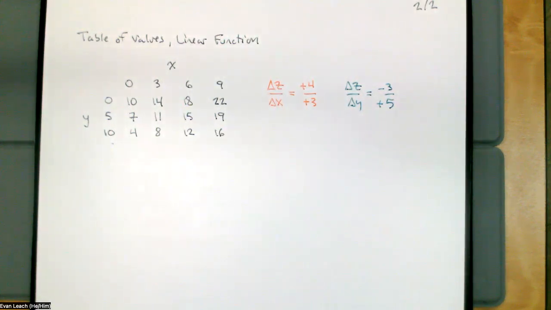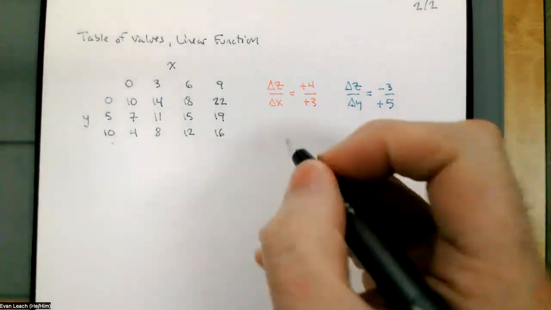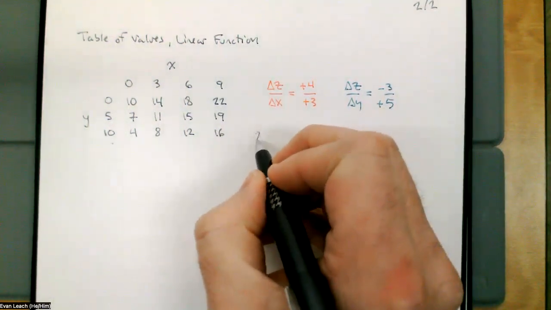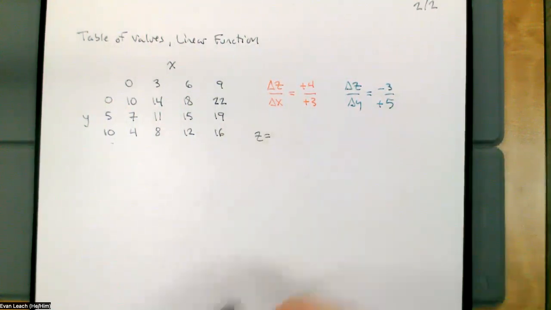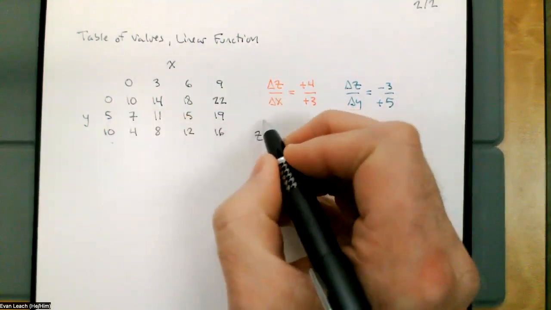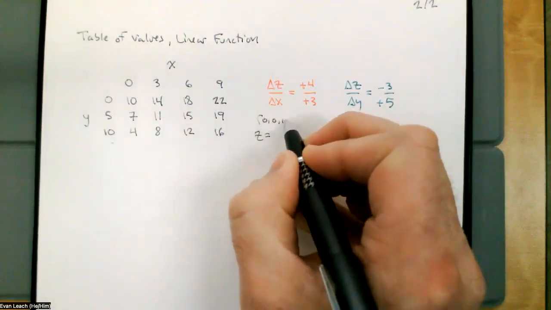Now we have all the information we need to write an equation for this function. I've got a bunch of points to choose from. I've got a slope in the x direction. I've got a slope in the y direction. So z is equal to, I need to pick a point. I'm going to start at this point here: 0, 0, 10.